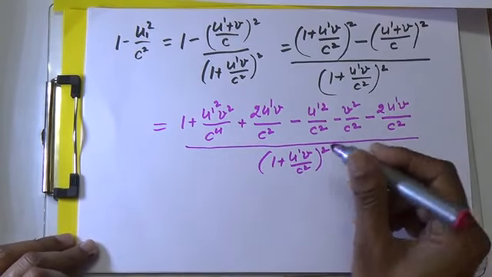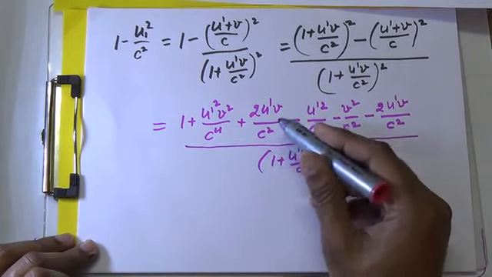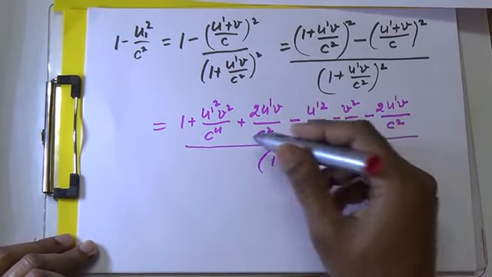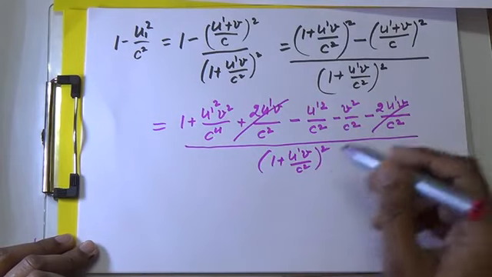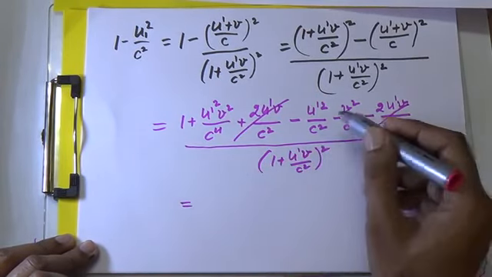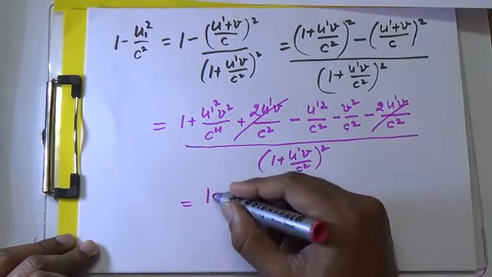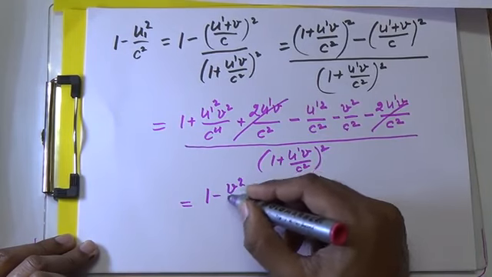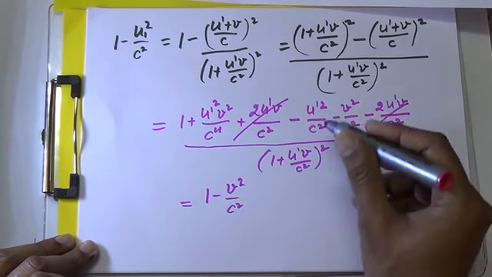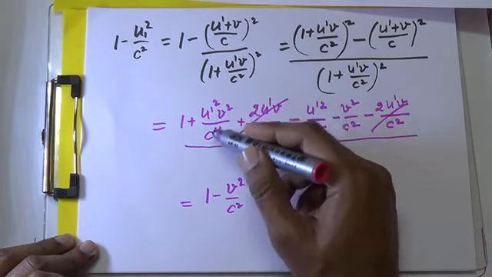So now this is minus 2 u prime v upon c square, and this is positive, so this factor cancels out. And further simplification, keep v square upon c square with 1, so this becomes 1 minus v square upon c square, and this is minus u prime square upon c square, this is u prime square upon c4.